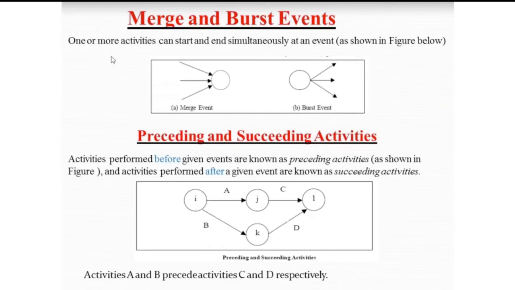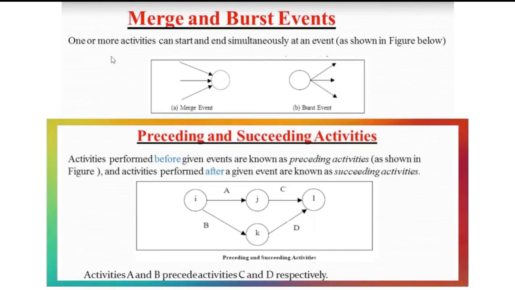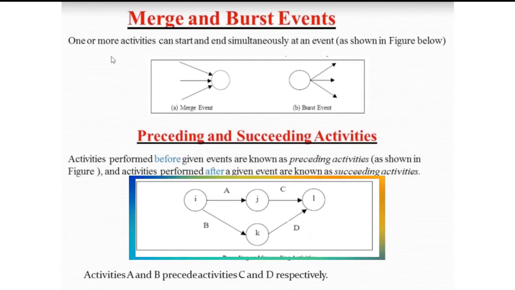And you should know also the preceding and succeeding activities. What are those? The preceding activities are the activities performed before the other activities. For instance, in our rectangular box, the letter A precedes C and letter B precedes D. So these are the preceding activities, and the succeeding activities are the activities performed after a given event.